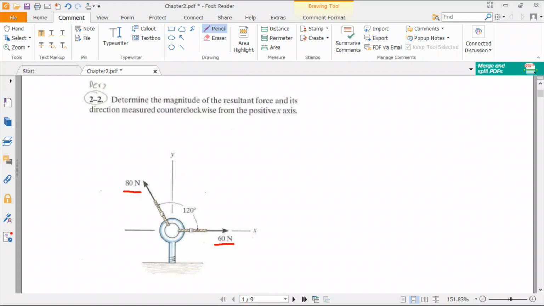And in fact we can define two forces. Okay, so the 60 Newton force will be considered as F1, and the 80 Newton force will be considered as F2. So let's draw it again.